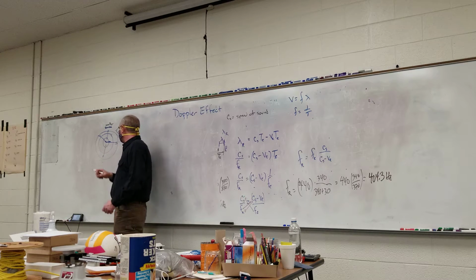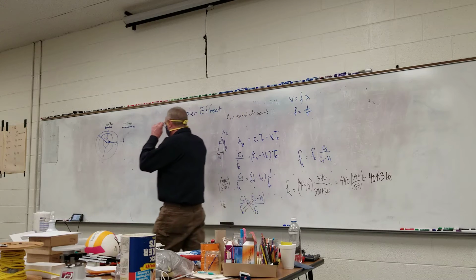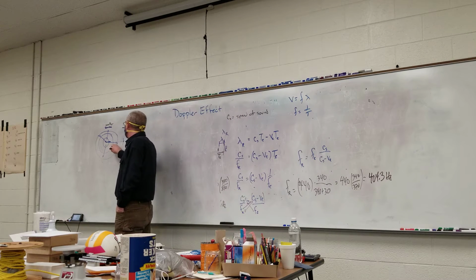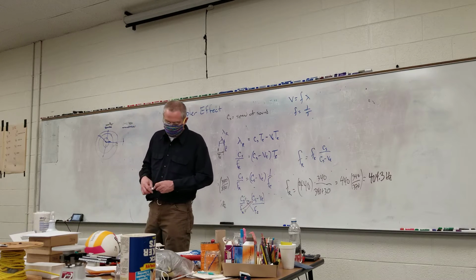So if he runs towards the source and is the observer, the question is, what is the period between his receiving these? Because once I have the period, I can get the frequency.